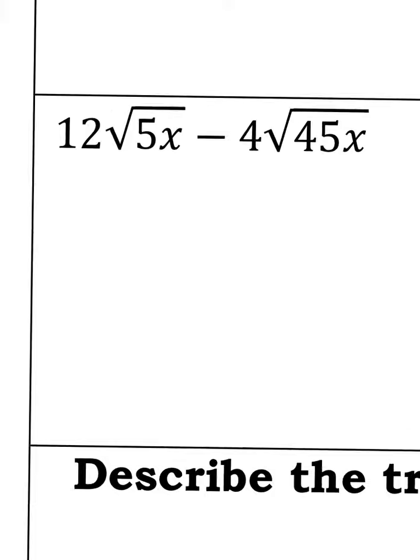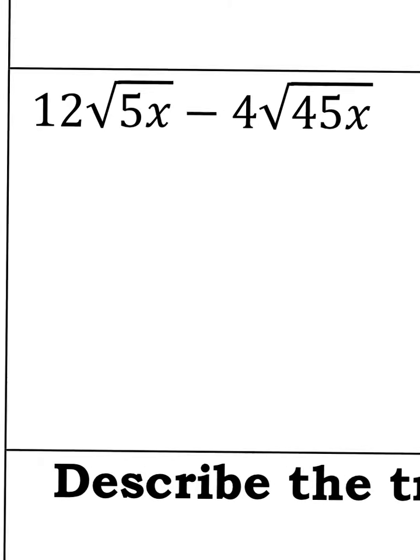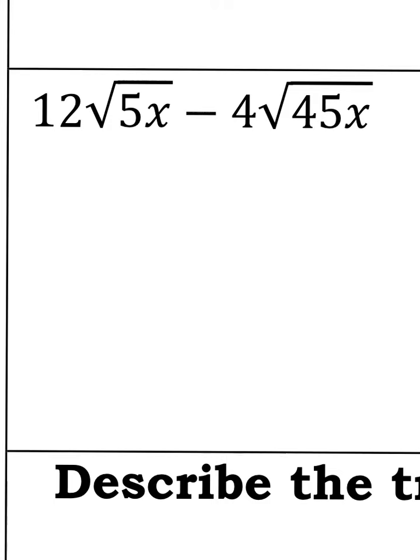On this next one, I can't subtract these until they both have the same thing in the square root. So if I change the square root of 45x to, we'll divide it by 5x, that gives you 9 times the 5x. And if I take the square root of 9, that's 3. And so I can turn that square root of 45x into the square root of 3 times the square root of 5x, excuse me.